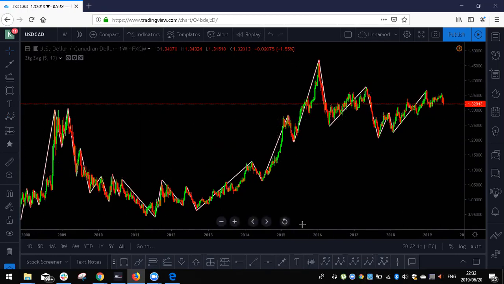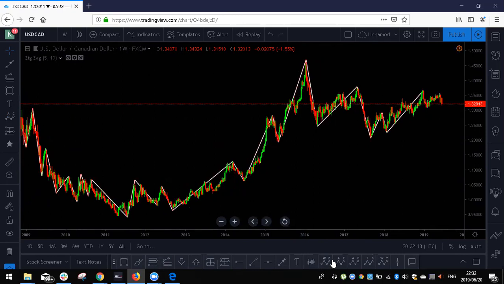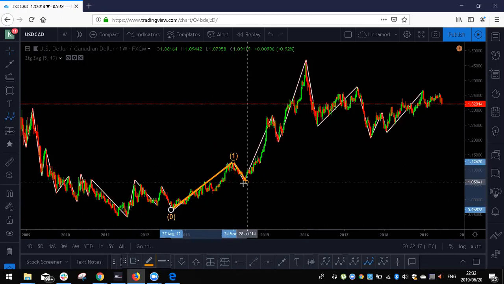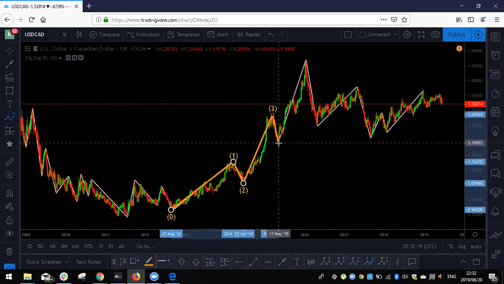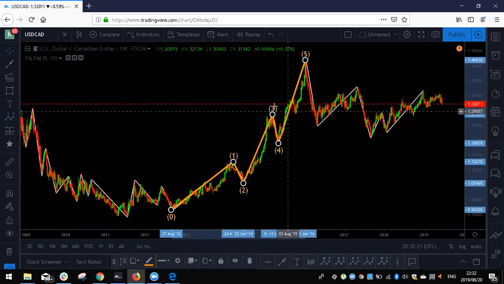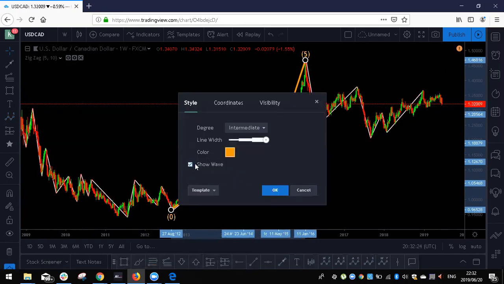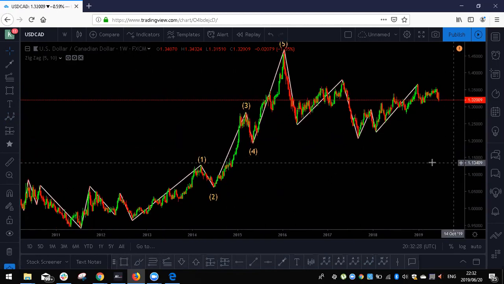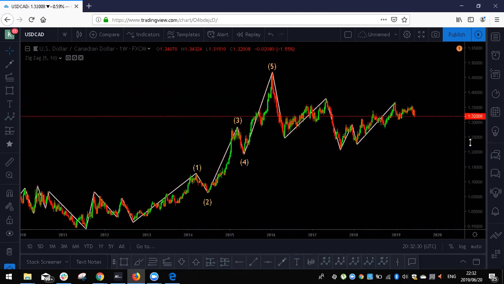I want to try and draw a 5-wave move. We can first attempt and call this a 5-wave move. Can you see? Let me hide this. The problem would be the rules.